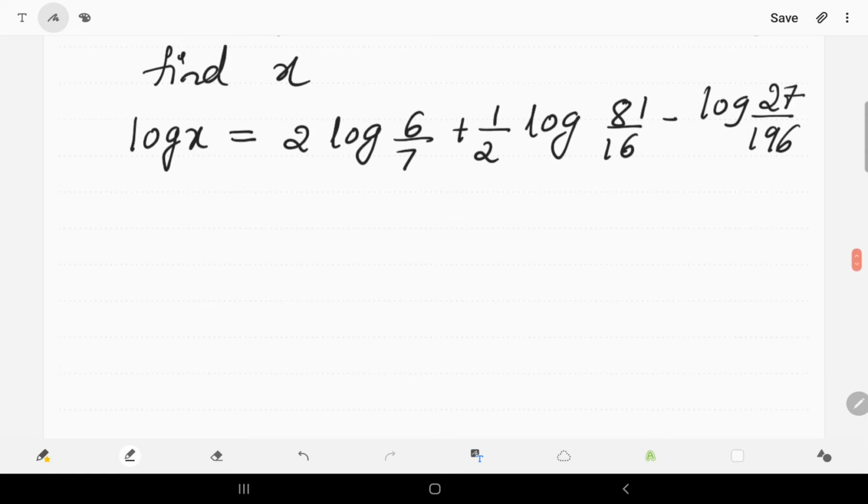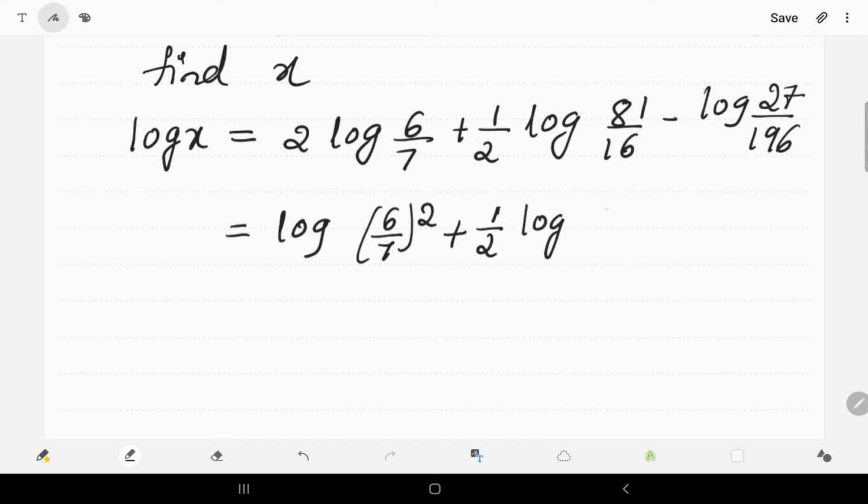Next, so that is equal to log of 6 by 7 whole square plus here 1 by 2 log of 9 by 4 square, minus log of 27 by 196.